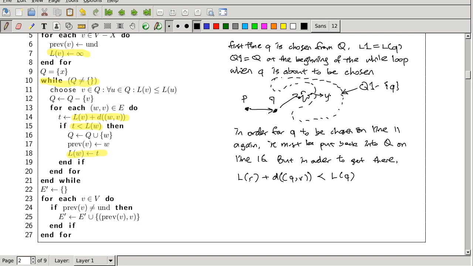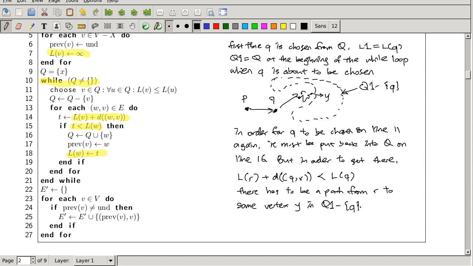We now say that there has to be a path from vertex R to some vertex, we'll call it Y, in Q1 minus q itself.